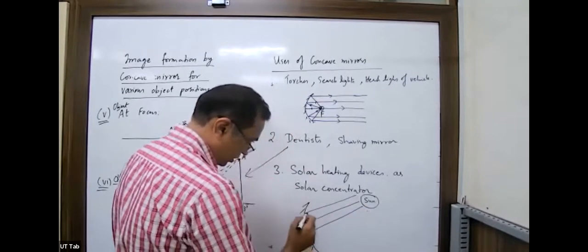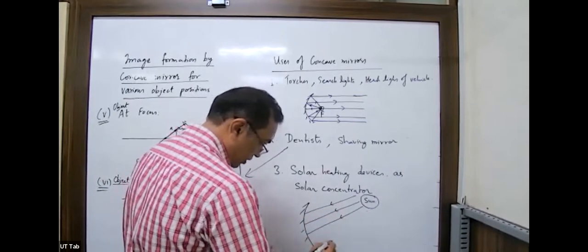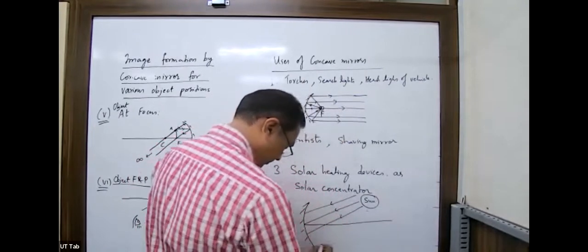Let us say these three rays are falling parallel. So obviously, this is the principal axis.